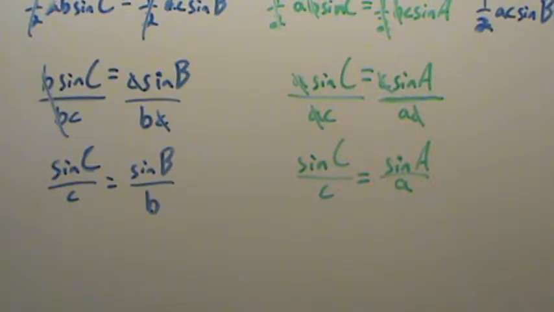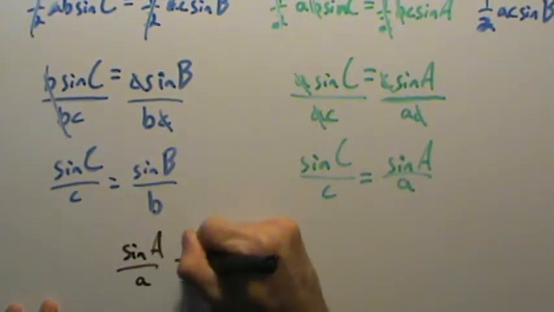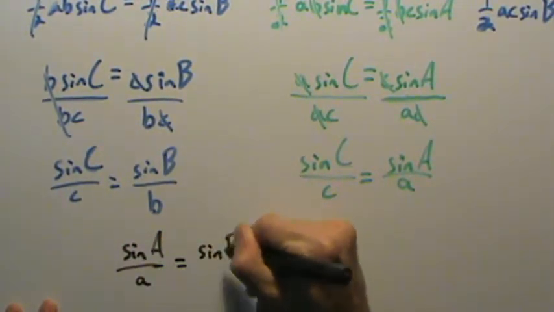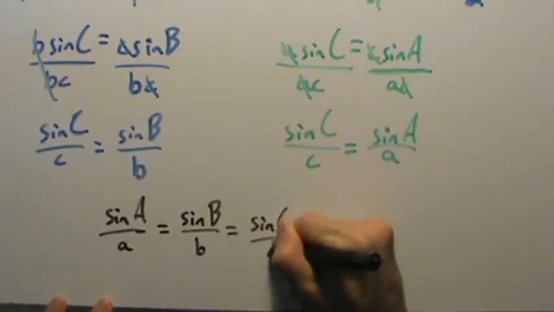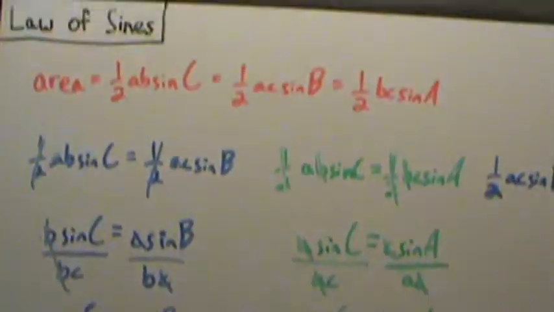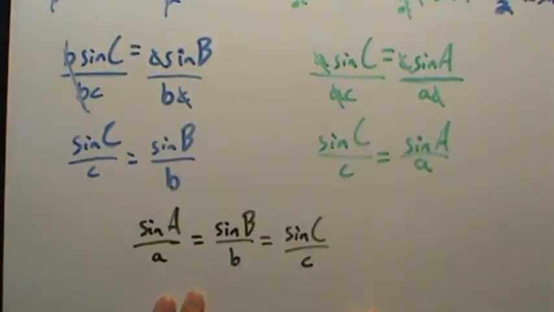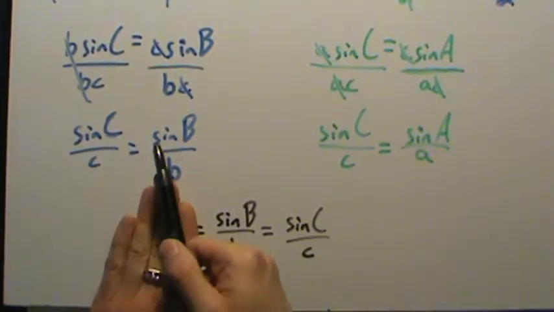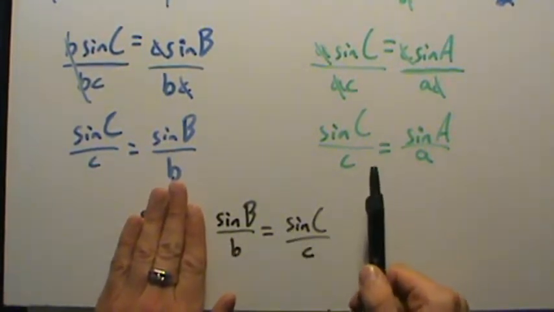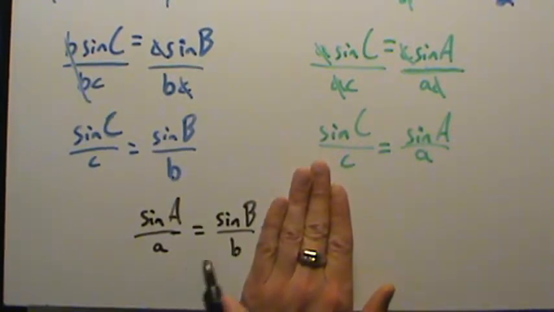These two things together establish the complete law of sines, which says sine A over a equals sine B over b equals sine C over c. Just like the area formula, this is really three equalities. We directly established that sine C over c equals sine B over b, and that sine C over c equals sine A over a, and this last one just follows from the transitive property.